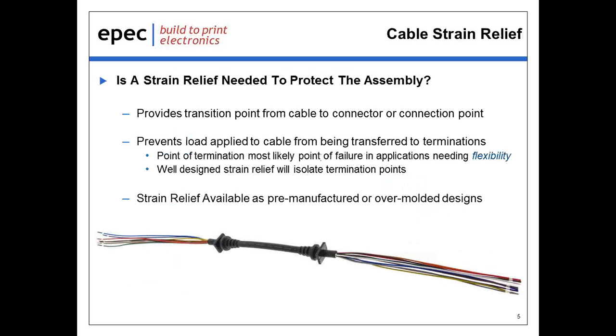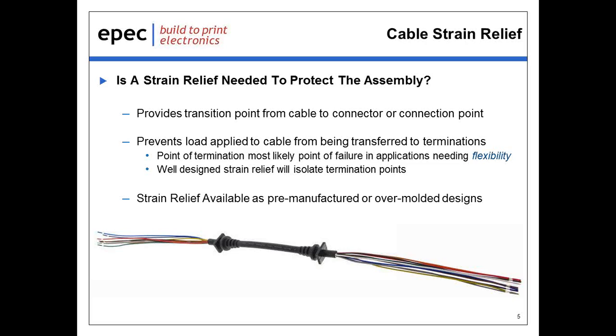One of the most heard questions that we get is whether an assembly should have a strain relief. The answer to that question depends really on what type of bend the cable will have when it leaves the back of the connector. The main purpose of the strain relief is to provide a gradual transition point from the connector to the cable or the connection point. Strain relief is used to prevent lateral movement of load that's applied to the cable from being transferred to the terminations, causing termination failure.